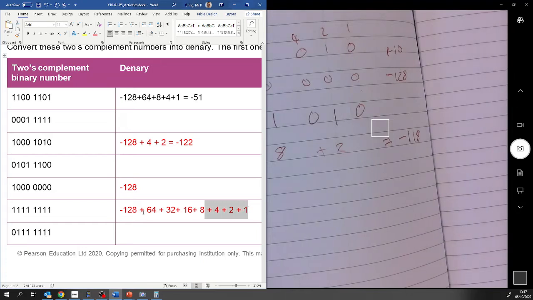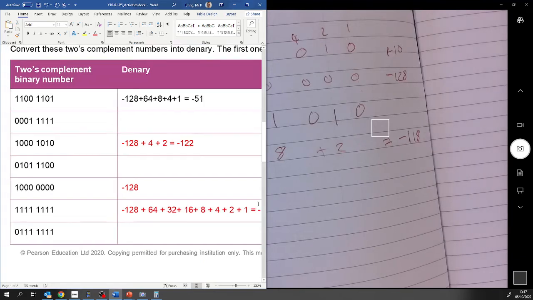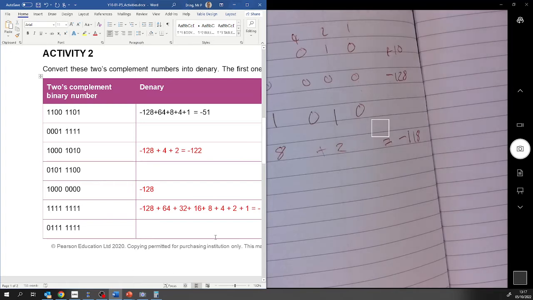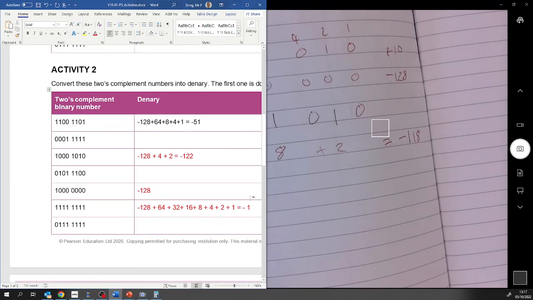Well, that seems like a bit of a pain. You can do that, but if you add all of those together, you're going to get 127. So 127, take away 128, which is the same thing as doing minus 128 plus 127. You're going to be left with minus 1. There is a faster way that makes some of these questions a lot easier.